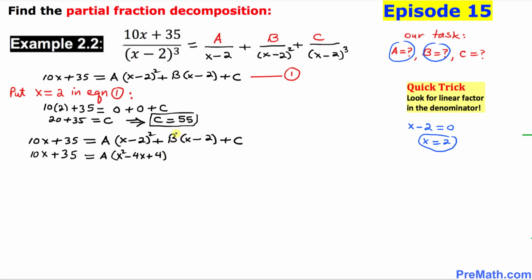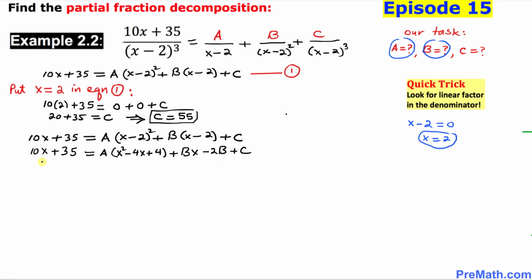And then I'm going to distribute this b, that is going to become plus bx minus 2b plus c.